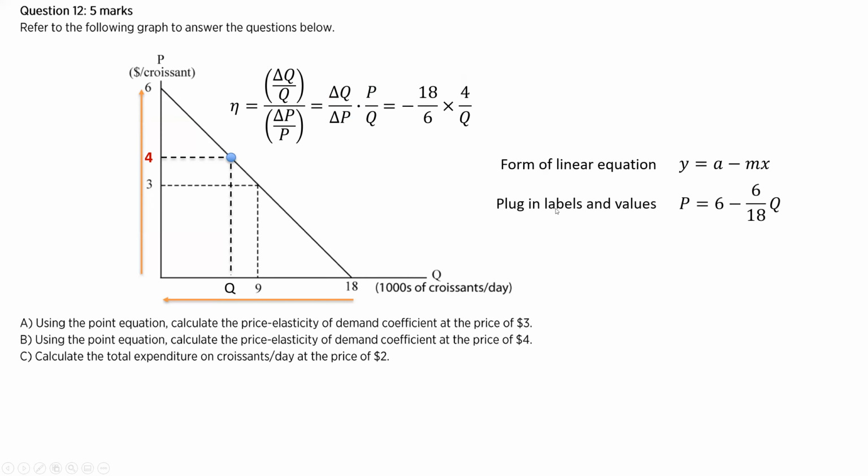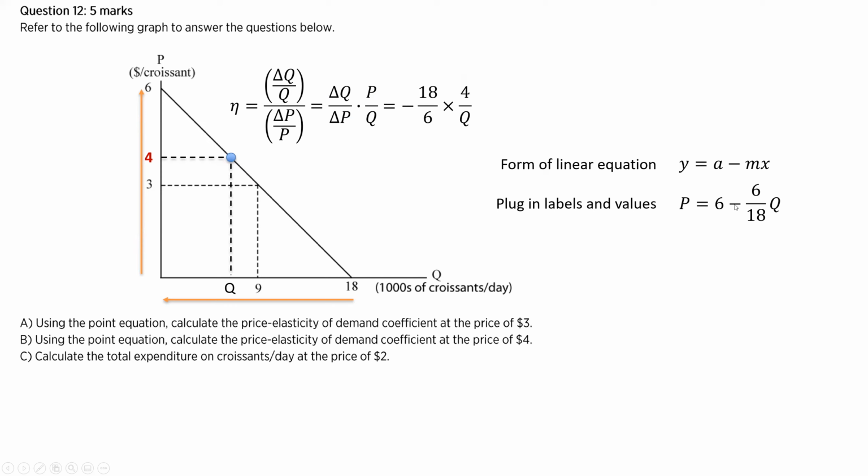So let's plug in our labels and values as best we can. We've got price on the vertical axis equals the vertical intercept, which is 6. The vertical intercept is where the line cuts the vertical axis.